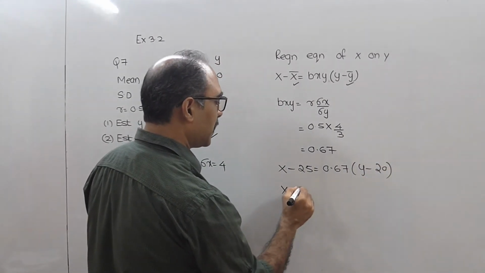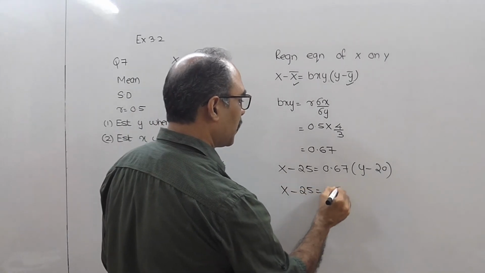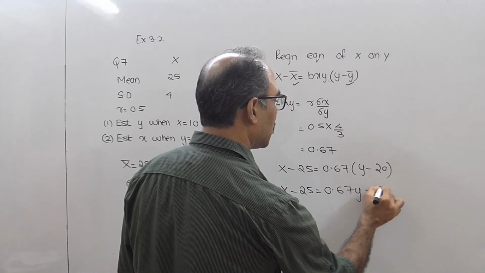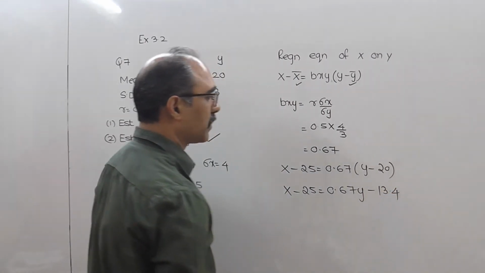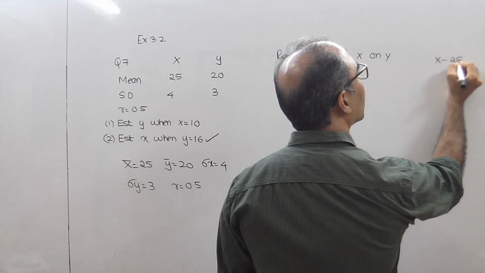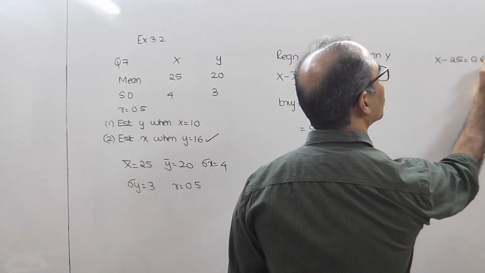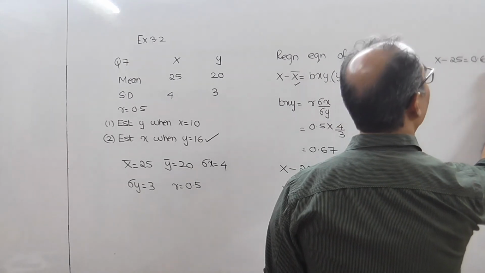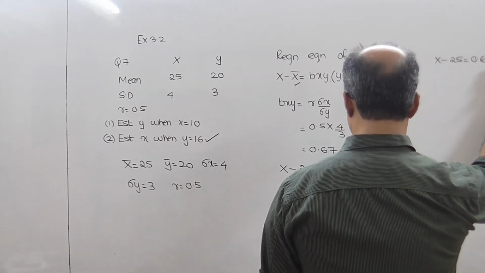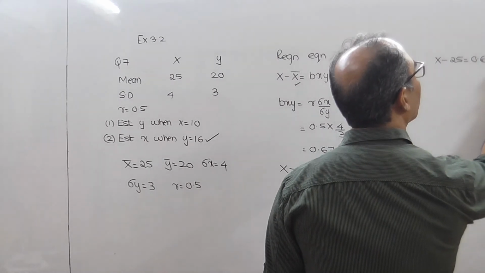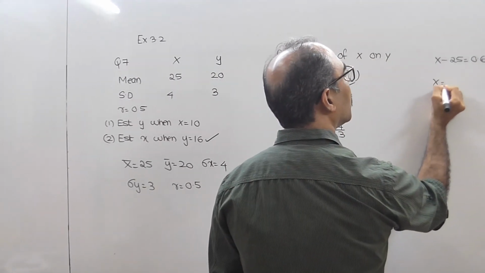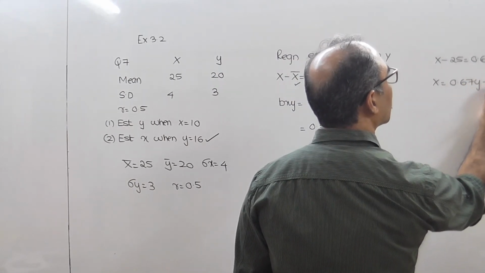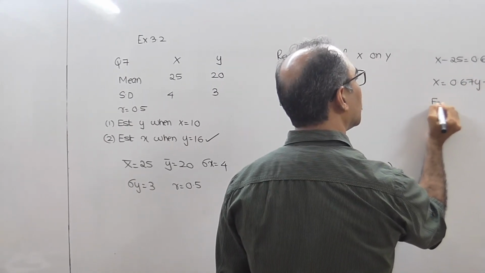So x minus 25 equals 0.67y minus 13.4, and x equals 0.67y plus, I think, 11.6.